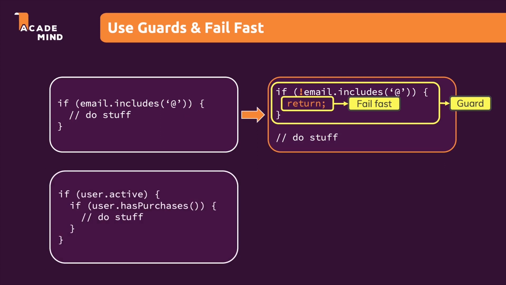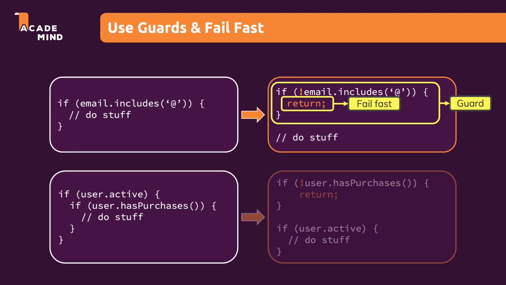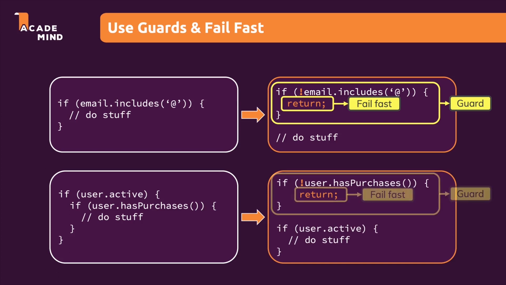You can also use a guard if you have a nested if statement in another if statement. For example, let's say here, has purchases. We could also outsource this and turn this into a guard where we fail fast, so that we then have two consecutive if statements instead of one deeply nested one. And this is a super efficient technique for removing unnecessary nesting.